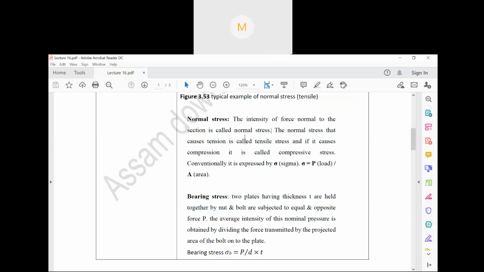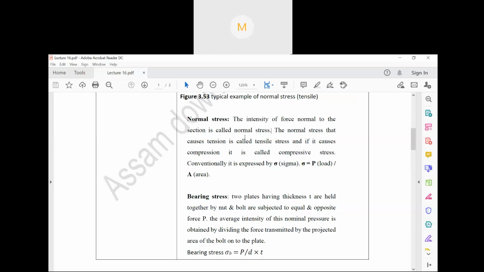We use nut and bolt in a bike also. Not a bike. Look, you are joining two plates. I am not talking about a bike, because those are a different mechanism. So, can you recall? Suppose I'm telling you an example.